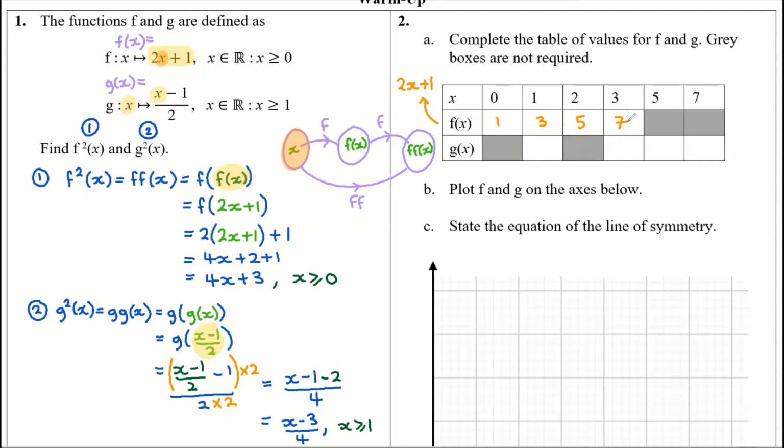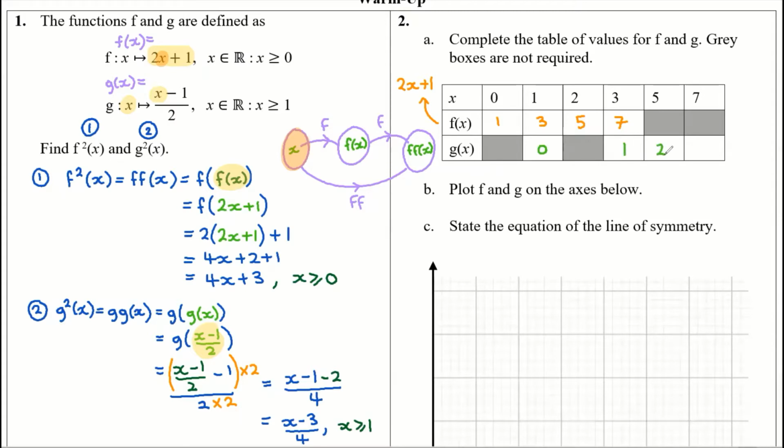Now, for g, we have to subtract 1 and divide by 2. We've only chosen the ones that will give us even values, so we don't have awkward numbers to plot here. So x subtract 1: 1 subtract 1 is 0, divided by 2 is 0. 3 subtract 1 is 2, divided by 2 is 1. 5 subtract 1 is 4, divided by 2 is 2.